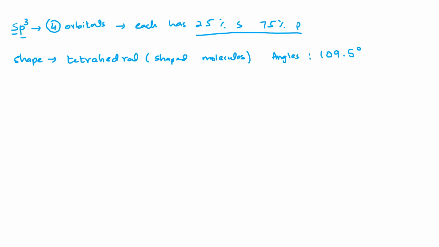You get this? So now if we say that we have CH4, carbon is now sp3 hybridized. This is the way to draw sp3 hybridized orbitals. You see four different lobes. P used to be something like this, right?